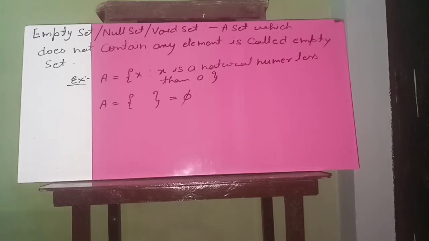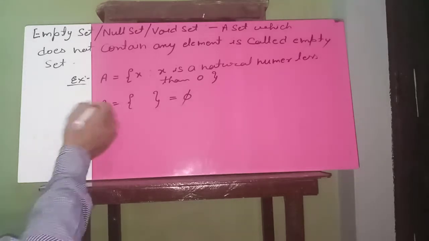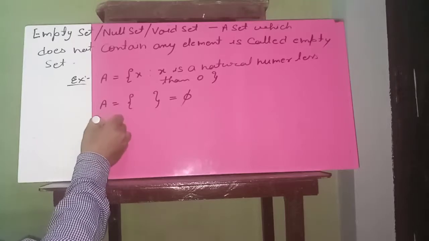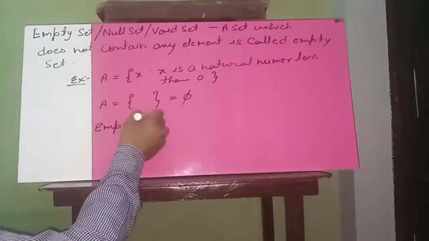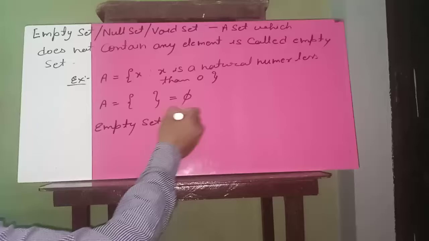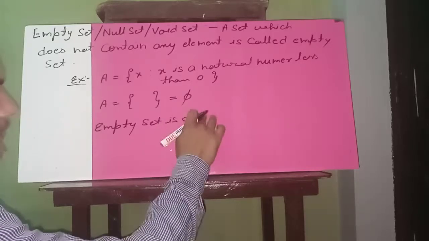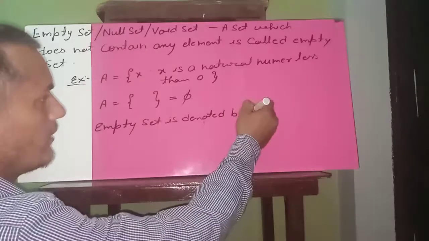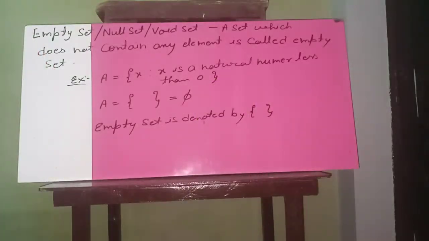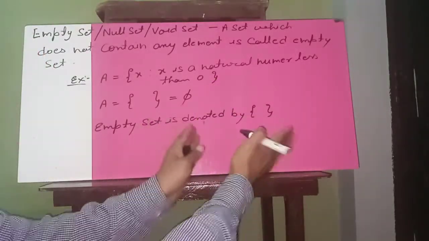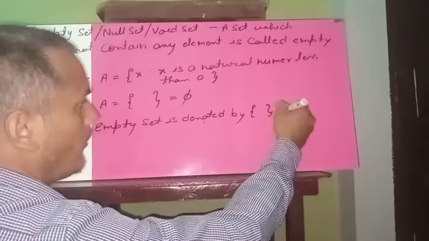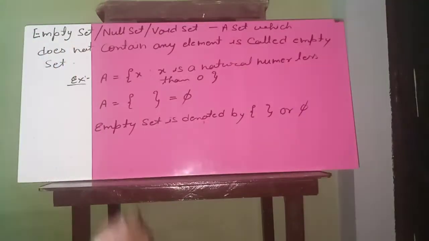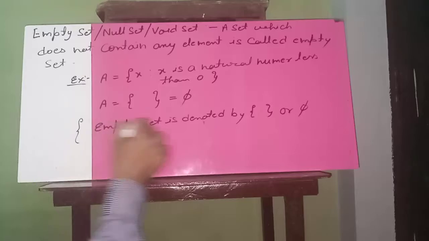So how do I denote an empty set? An empty set is denoted by blank brackets. Make empty curly brackets, keep the curly brackets empty, okay. And φ.